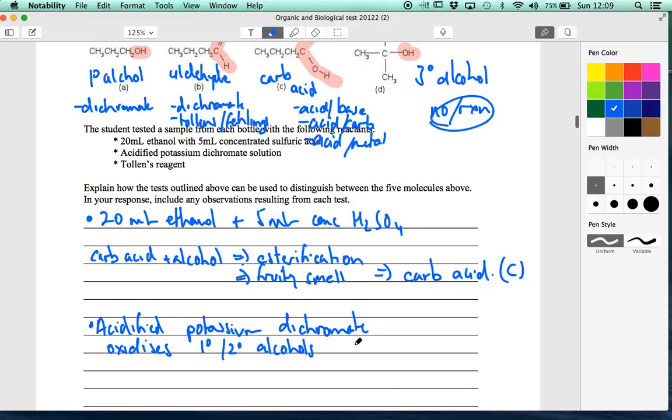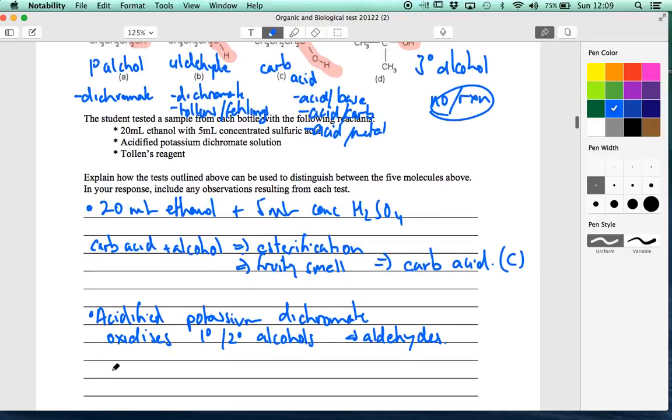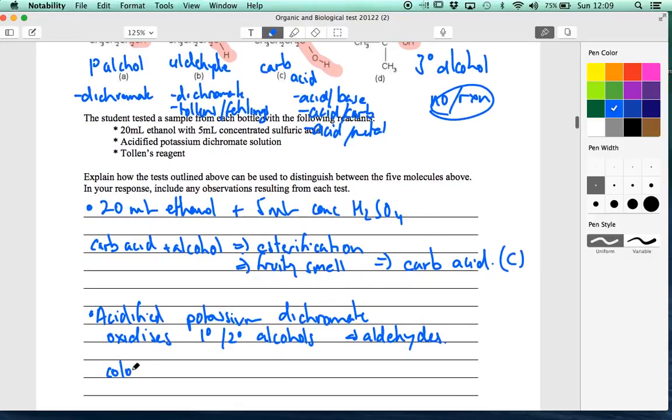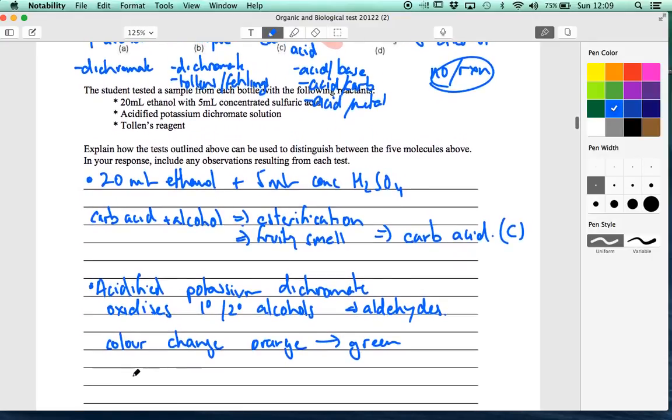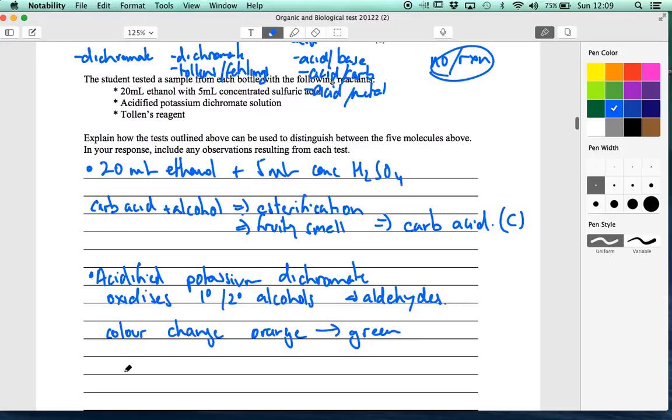It also oxidizes aldehydes. So if we look at this test, we would have a color change, and obviously we all know the color change is from orange to green. Once we've got that color change, that would help us distinguish that D would have no reaction.